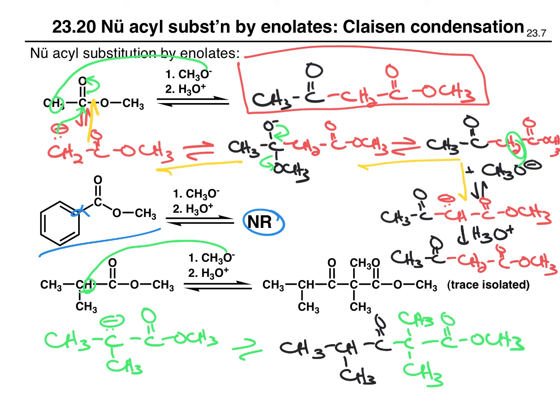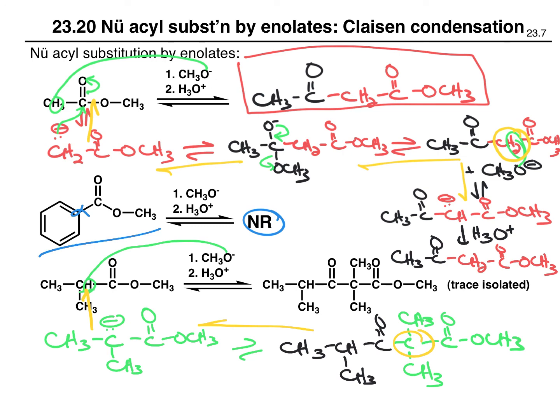Okay, but wait a minute. This equilibrium lies toward the starting material, and this equilibrium lies toward the starting material. Remember, it wasn't until we had the deprotonation of the beta-keto ester that the equilibrium was favorable. But here we don't have an alpha hydrogen that is in between both carbonyls.